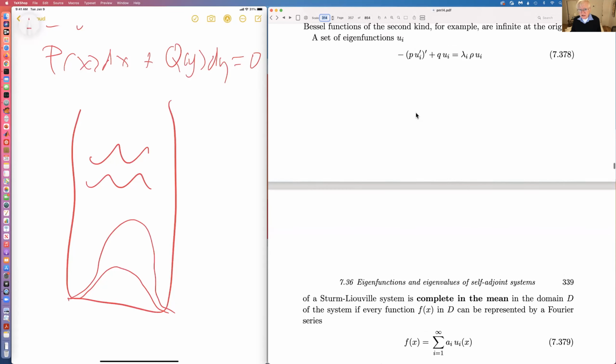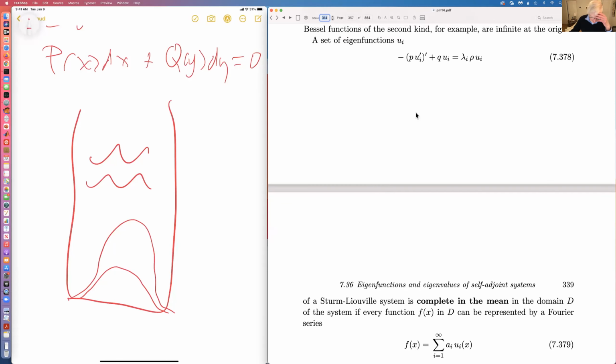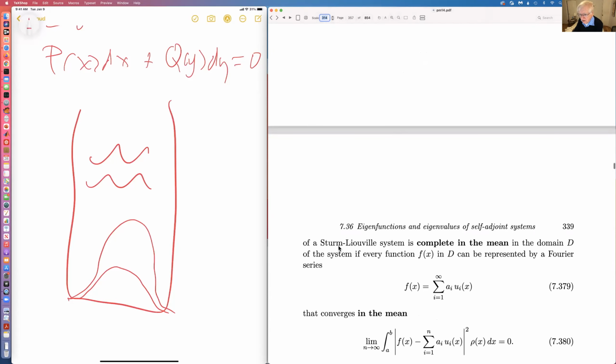Now, what we want to see here is an important fact. A set of eigenfunctions of an SL system is complete in the mean in the domain of the system if every function in the domain can be represented by a series that converges in the mean.